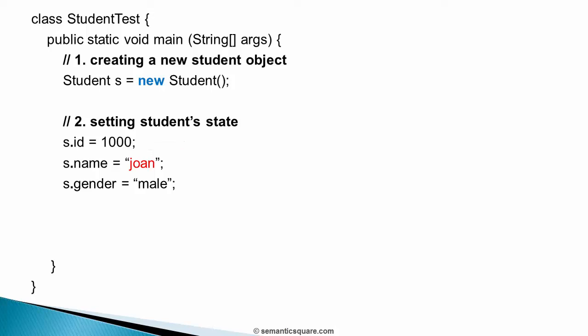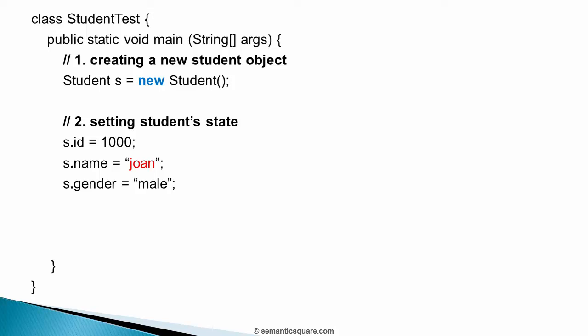To set name, we have s followed by dot followed by the variable name, and it is assigned with the value Joanne. Similarly, gender is assigned with male. Here we have double quotes enclosing Joanne and male, but not for the ID value 1000, and that's because Joanne and male are strings, and in Java for strings we need to use double quotes.